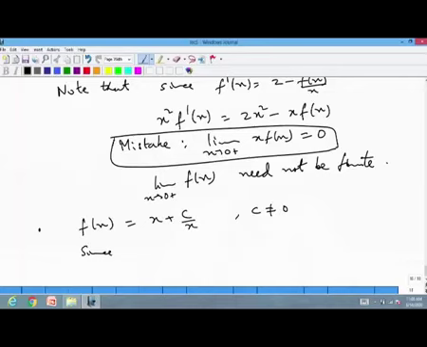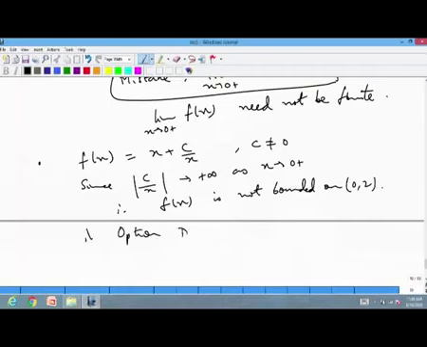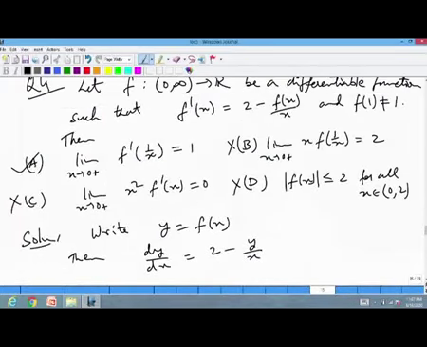So, since c by x approaches infinity as x approaches 0 plus, therefore f x is not bounded on the interval 0 to 2. So, therefore, option D is also wrong. So, only option A is the correct option here.